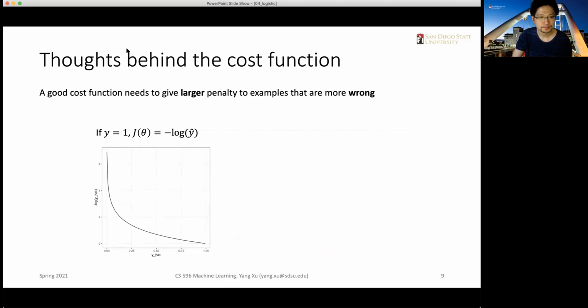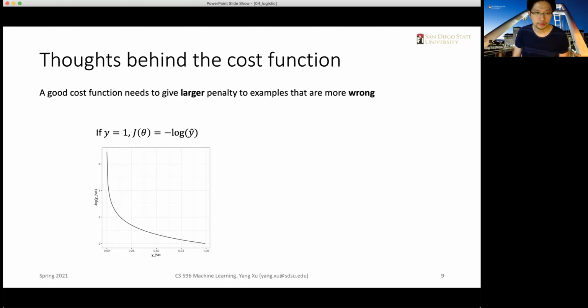So as a cost function, we want it to be an indicator of how correct or how wrong our prediction is, right? So when our prediction is wrong, we want the cost function to give a relatively large penalty, right?